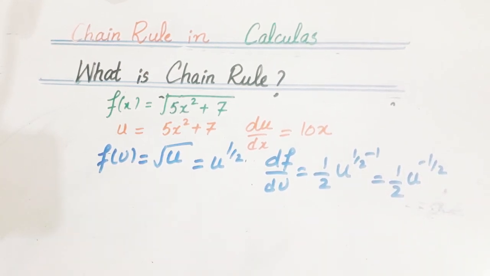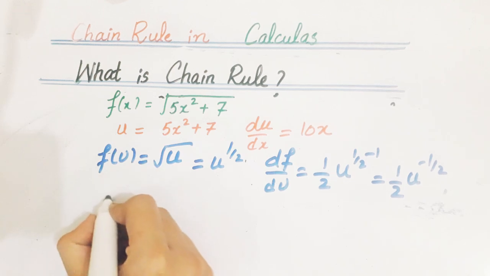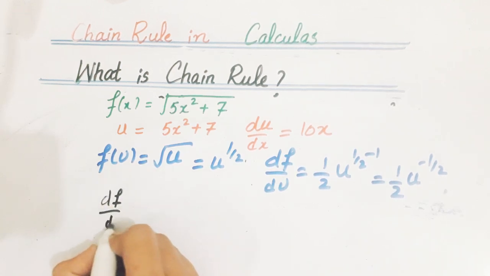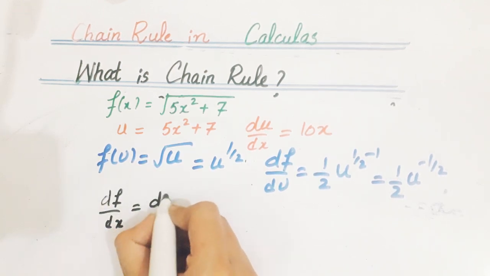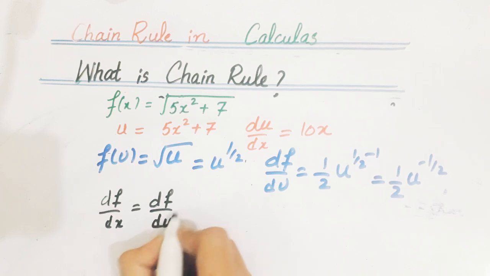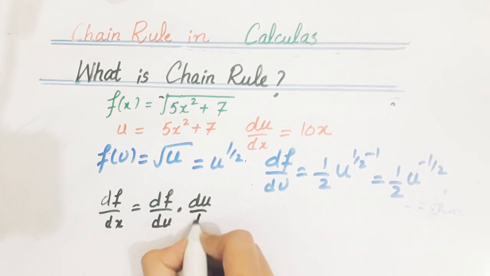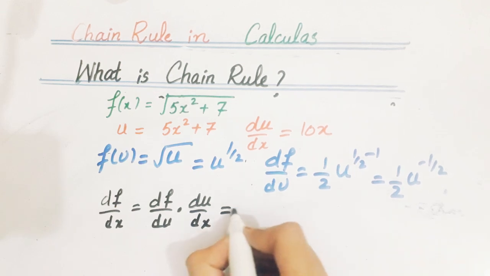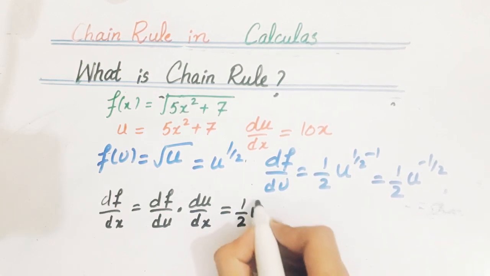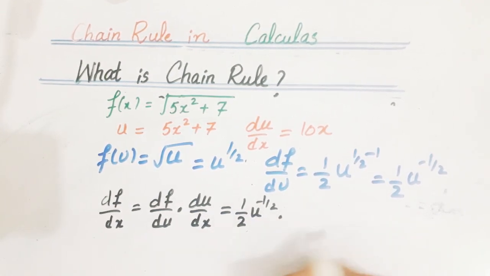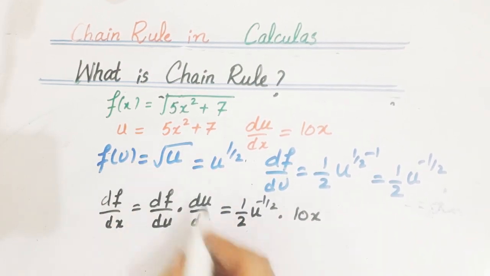So we will apply the chain rule in this question. According to the chain rule, df by dx equals df by du multiplied by du by dx. So df by du, that is 1 by 2 u power minus 1 by 2, multiplied by du by dx, that is 10x.